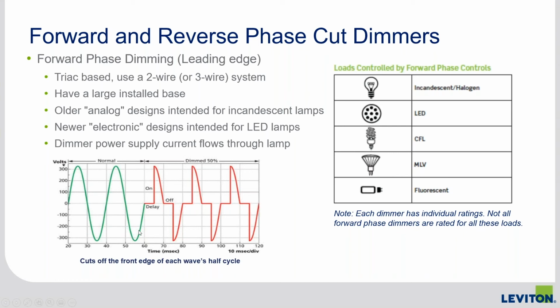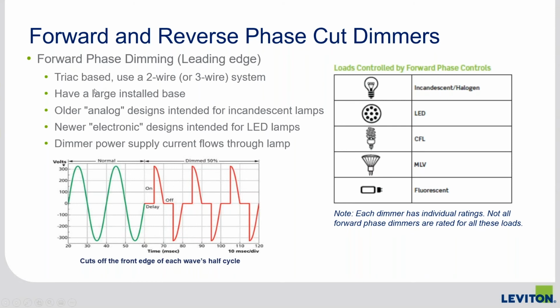That's, let's say, full power. Now, when we're trying to dim the signal down to 50%, we turn on halfway through. And that's really where the forward phase comes out of it. We're waiting to turn on, where it's actually the opposite for reverse phase. I'll get there in 1 second. Depending on how much you want to dim is how early you turn on.